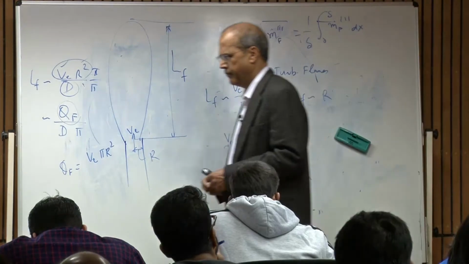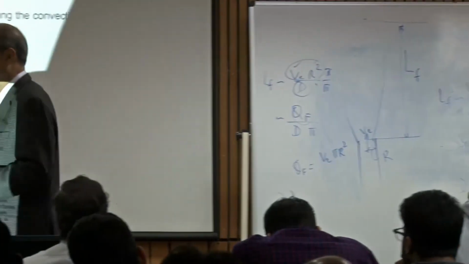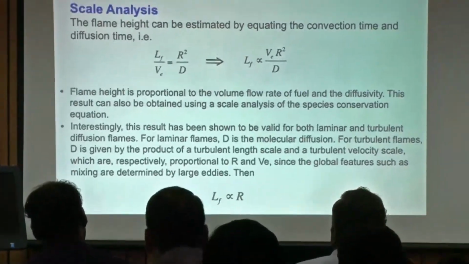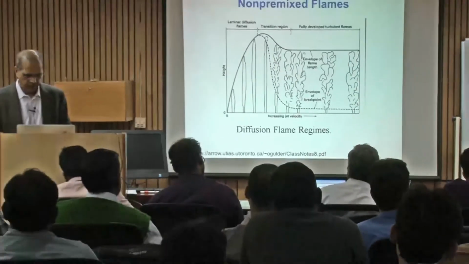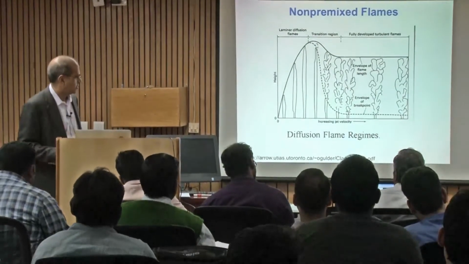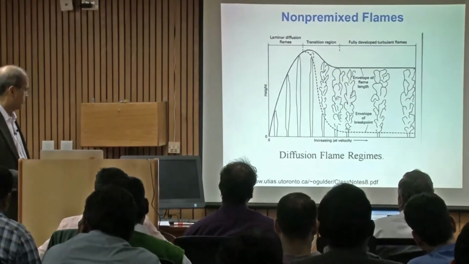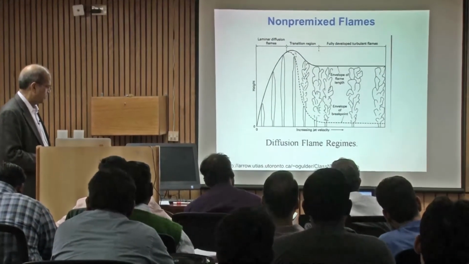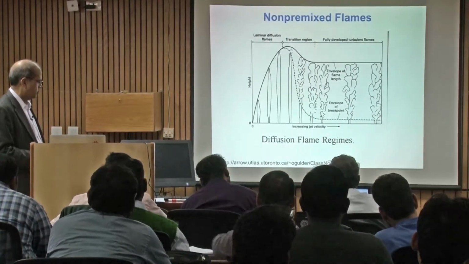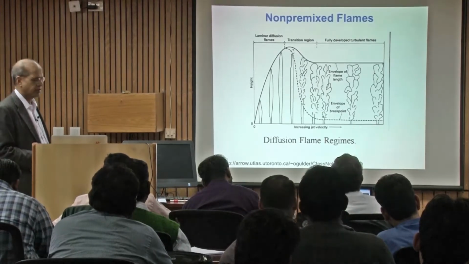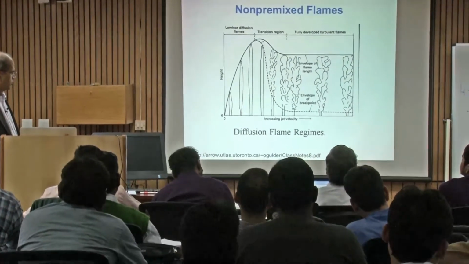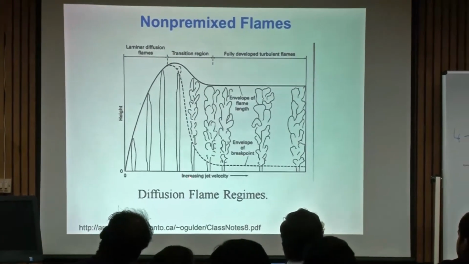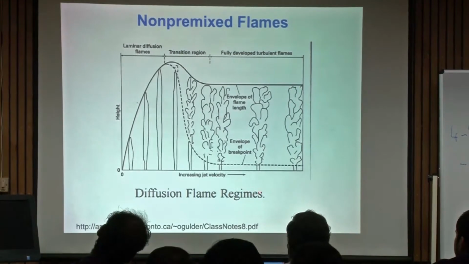And there is a classical well-known diagram showing this effect. I got this from the internet, but a lot of books have this diagram. The flame length here is called height, plotted versus the velocity.